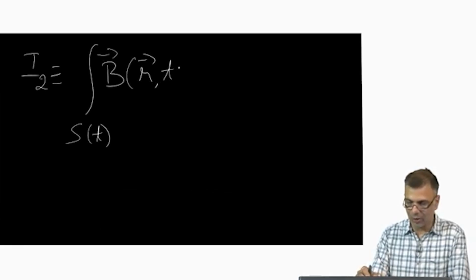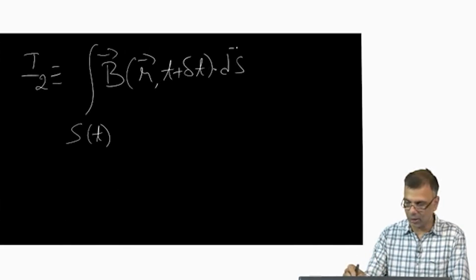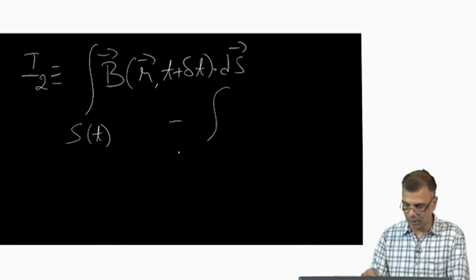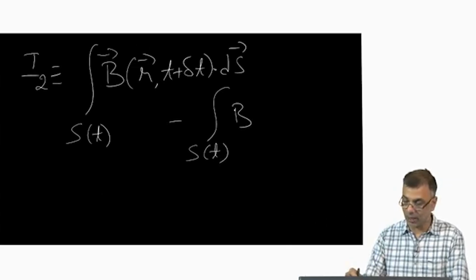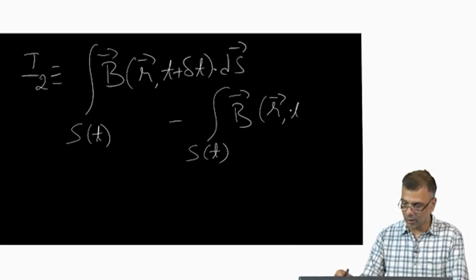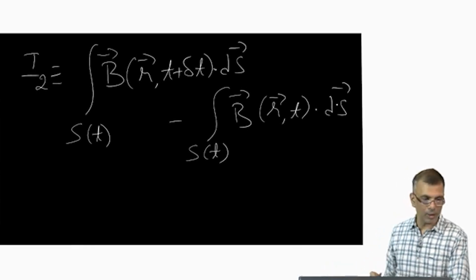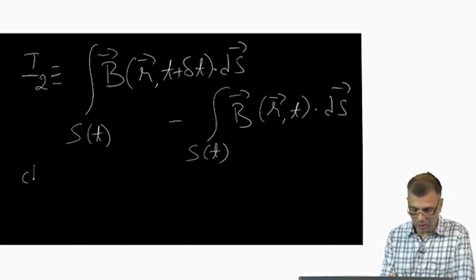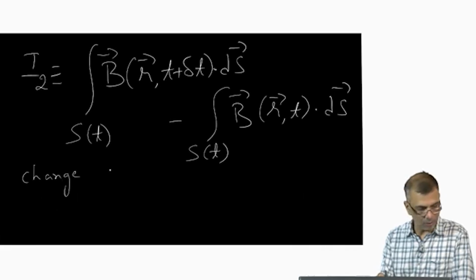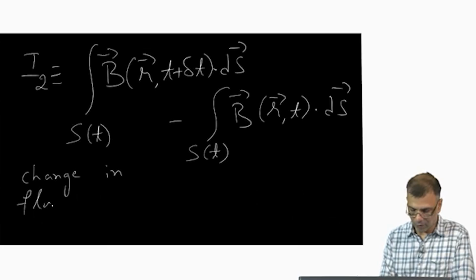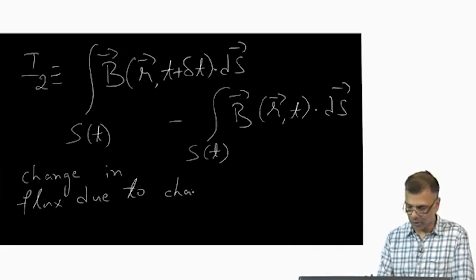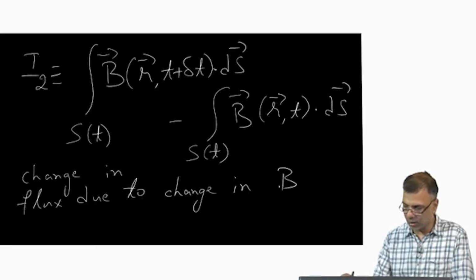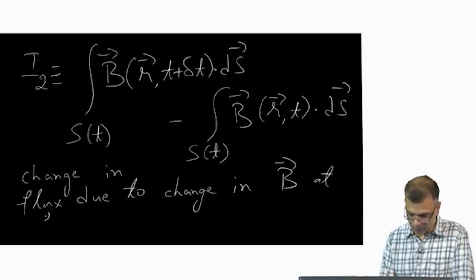So, here it is the integral of B at (r, t plus delta t) over that area, minus the integral where I keep the same area over which I am integrating, but I change the B. And so, this would be the change in flux due to change in B at a fixed position.